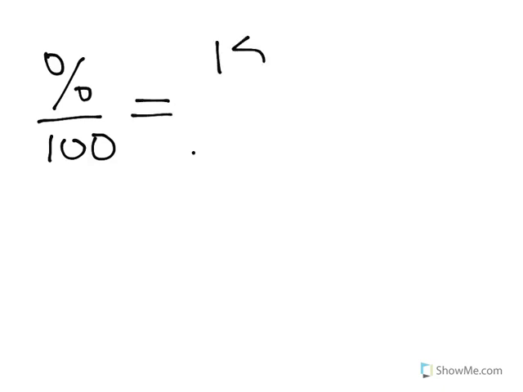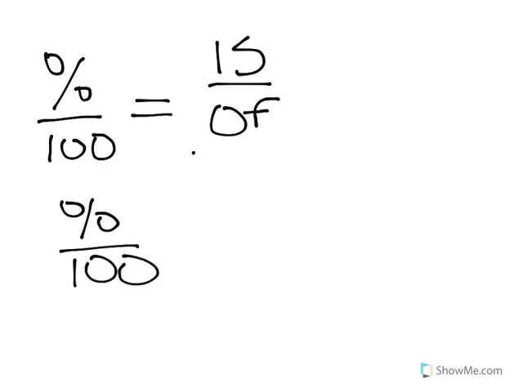Now, when we're doing a percent problem, percent means out of 100, so we're always going to have percent over 100. And then two ways we're going to do this is, is over of, or percent over 100. I'm going to draw a little line here to separate these.